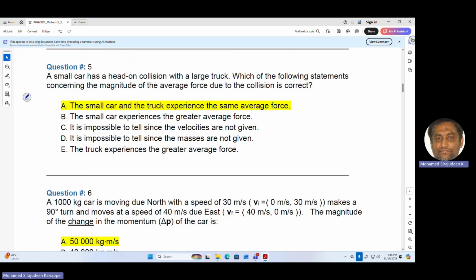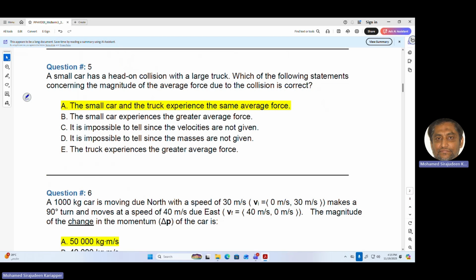So the two objects are the small car and the truck. When they hit, they are putting force on each other. So the force will be the same magnitude. So that's why the answer is A. You can think, okay, what? The truck is very heavy, strong. Doesn't matter. The force will be the same on each other.